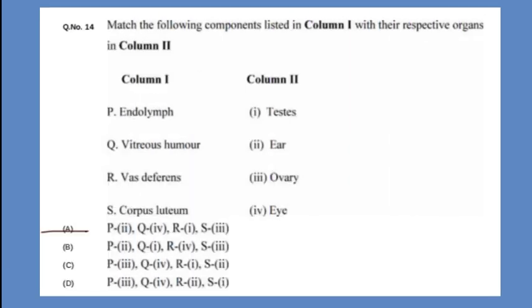Moving to the next question, match the following components listed in column first with their respective organ in column second. Column first, that is endolymph. The endolymph, also known as Scarpa's fluid, is a clear fluid that can be found in the membranous labyrinth of the inner ear.